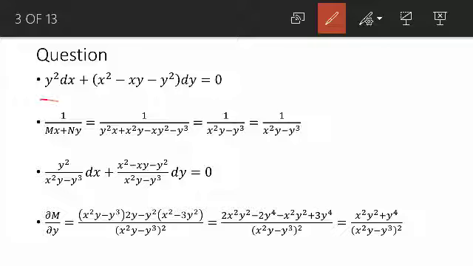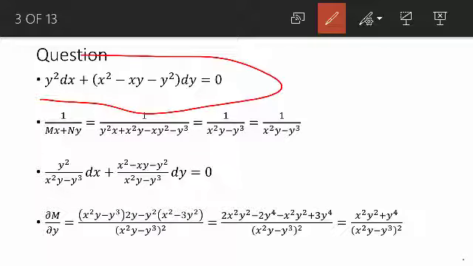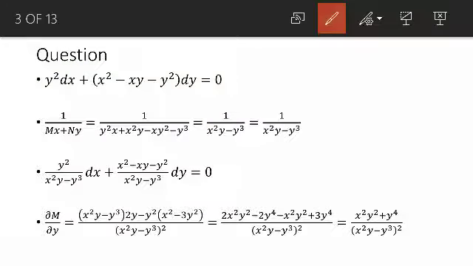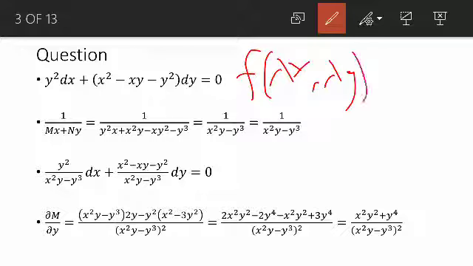We are asked to solve this: y squared dx plus (x squared minus xy minus y squared) dy equal to 0. Like we already see, the equation is a homogeneous equation. Now remember the condition for being homogeneous. We say that f of (lambda x, lambda y) must be equal to lambda raised to power n times f of (x, y).